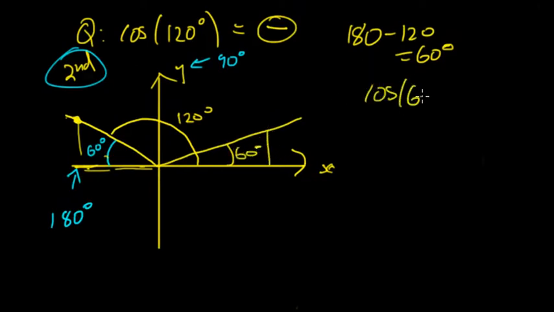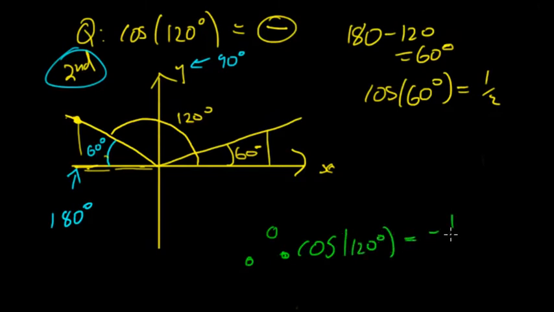So what does cos 60 degrees equal? Well, that equals a half. So now that we know that, and we know it's negative, we can say that cos 120 degrees is equal to negative a half.